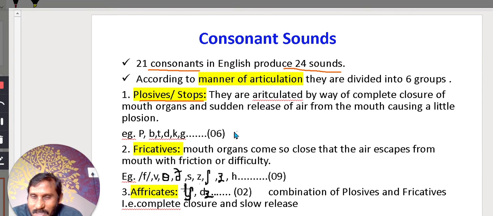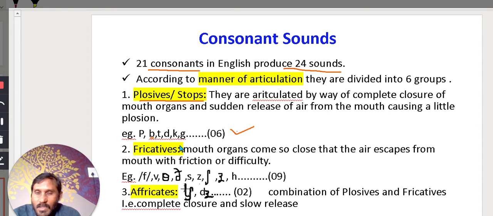There are 6 plosives in English. For example, pa. Here you can see pa. Total close is there. Pa. The same way, ba. Again we have another pair. Ta. Tip is touching the top of the mouth, the palate. Ta. And release is sudden. Da.